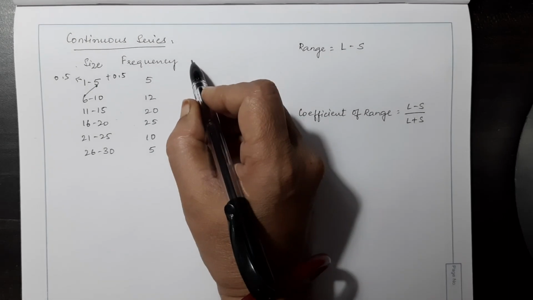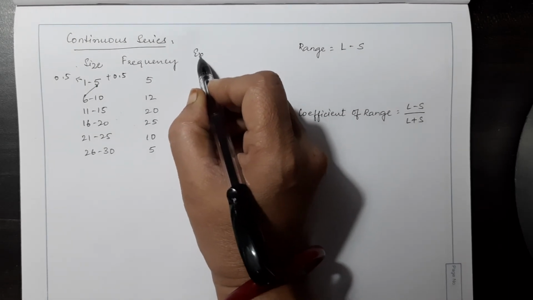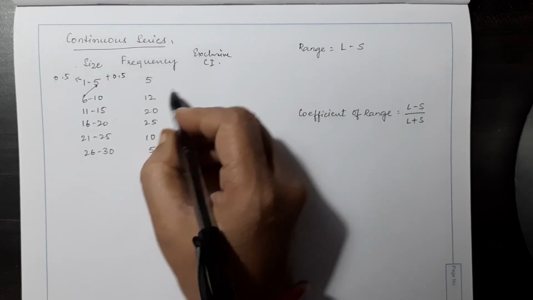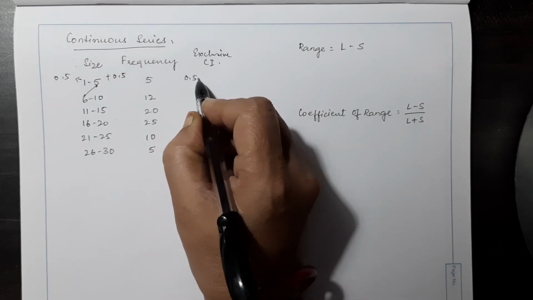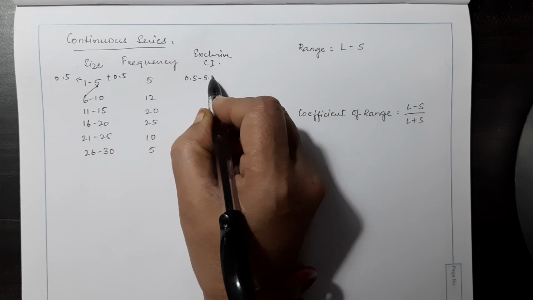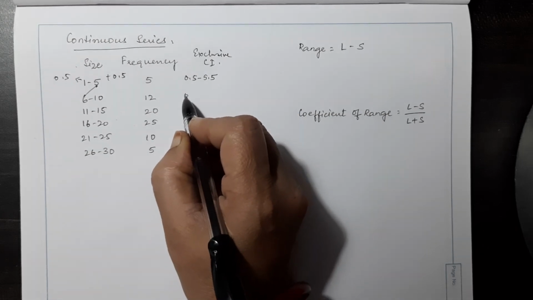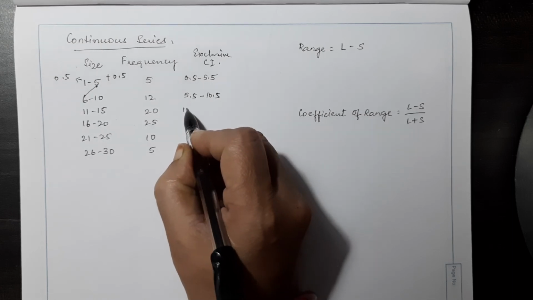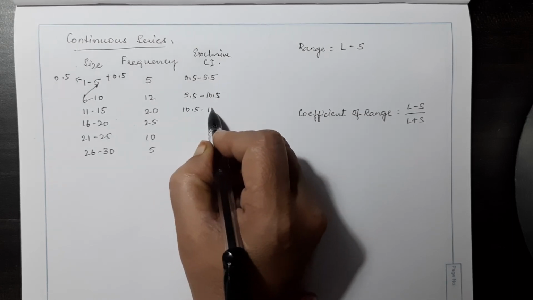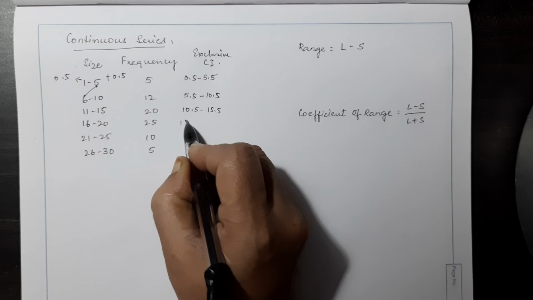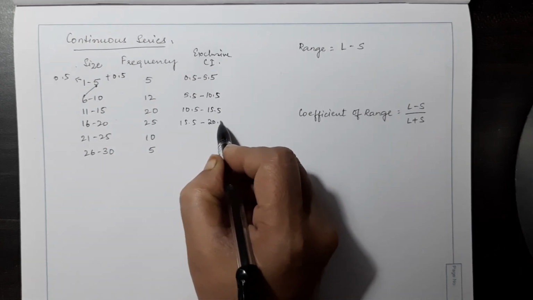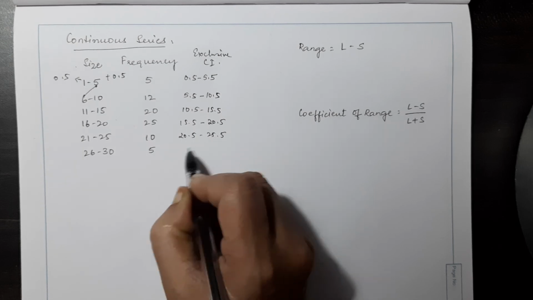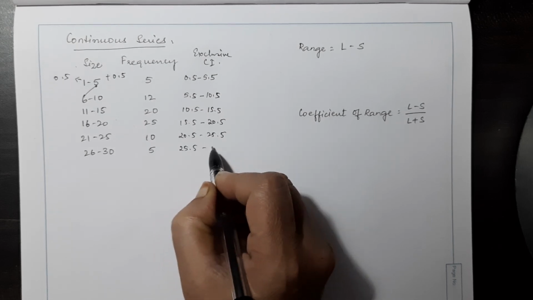So what will be the values now? The exclusive class intervals will now become 0.5 to 5.5. Similarly, this will become 5.5 to 10.5, 10.5 to 15.5, 15.5 to 20.5, 20.5 to 25.5, 25.5 to 30.5.